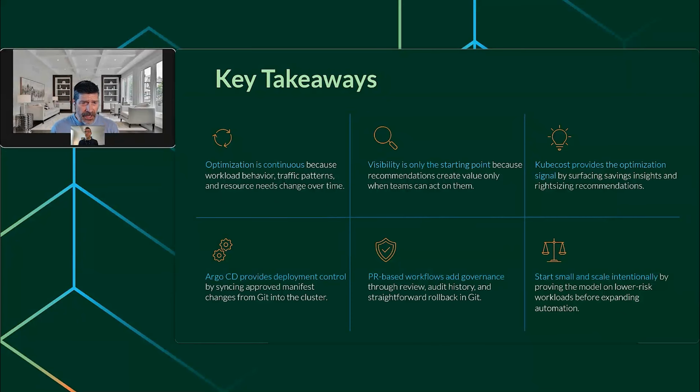Fourth thing, Argo CD provides a good deal of deployment control. It turns these approved Git changes into a running state in the cluster and prevents drift from reverting things back to an unknown or bad state.